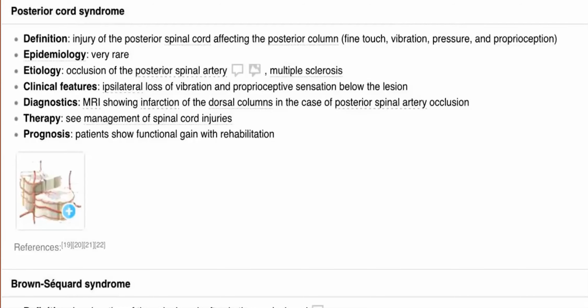Posterior cord syndrome is injury to the posterior third of the spinal cord, affecting the posterior column of vibration, pressure, proprioception, and fine touch. Only this portion will be affected, due to occlusion of the posterior spinal artery or multiple sclerosis.